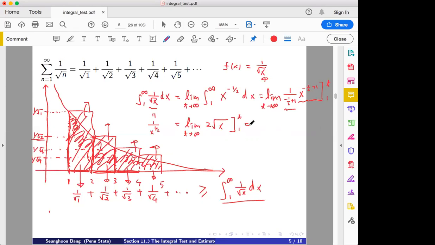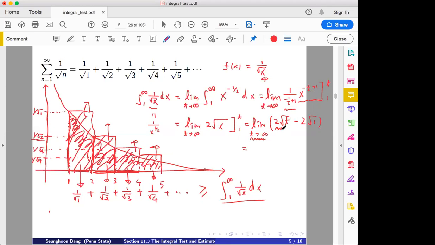Next, plug in: 2 times the square root of t minus 2 times the square root of 1, as t approaches positive infinity.